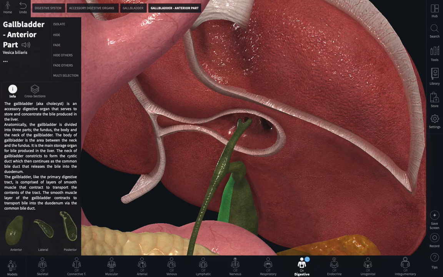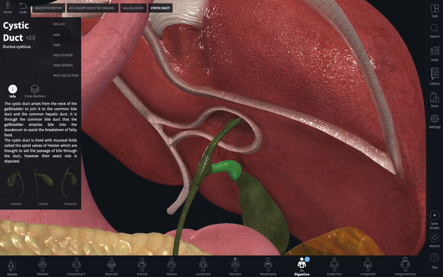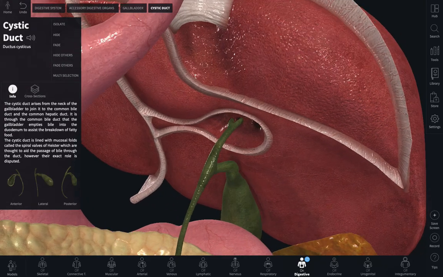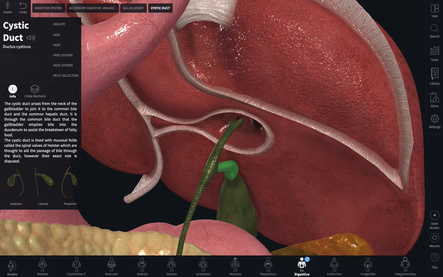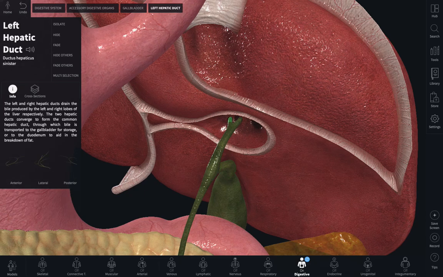This is the gallbladder. Then it continues in the form of the cystic duct, and here, this region, we will talk about in the liver also. This region is the porta hepatis, where we can see there are two ducts, the left hepatic duct and the right hepatic duct.